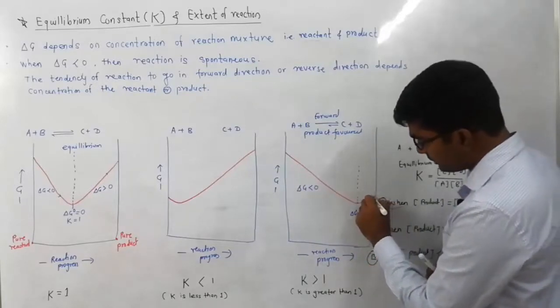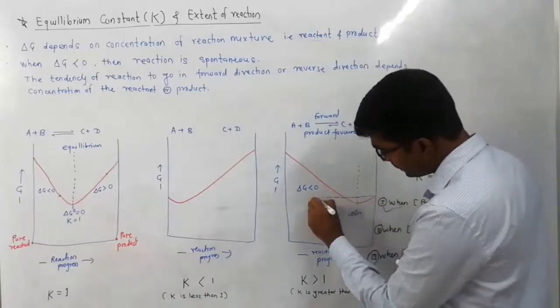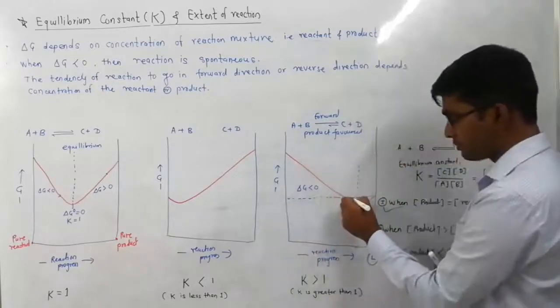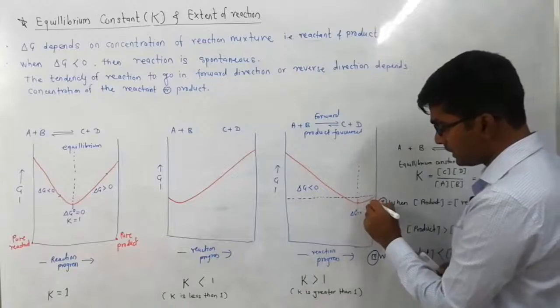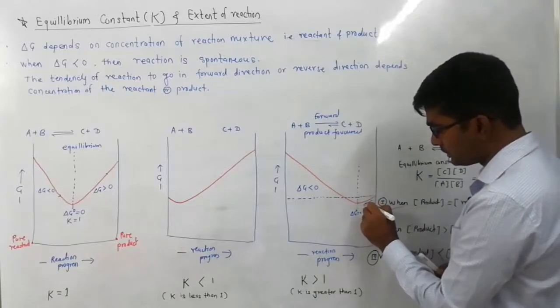Below the equilibrium arrow, the spontaneous reaction takes place, and along this point delta G is greater than 0.